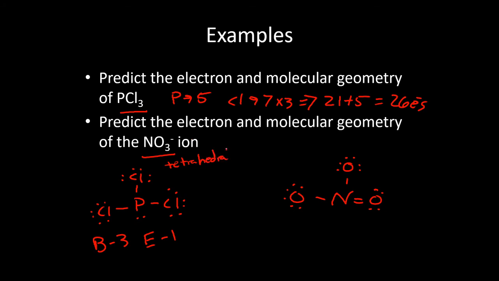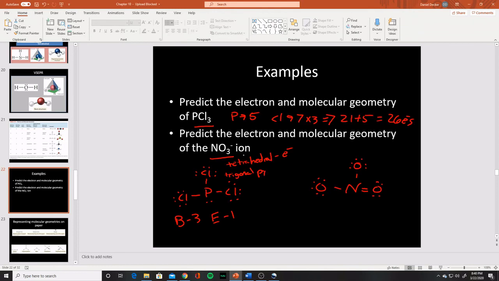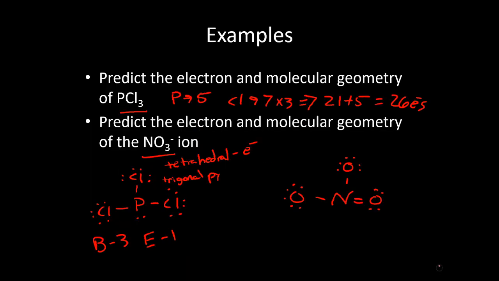Tetrahedral is our electron geometry, and trigonal pyramidal. Oops, let's get back in there. Pyramidal. There we go. That is our molecular geometry.